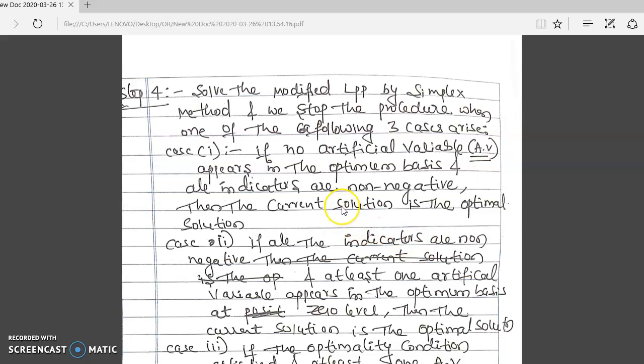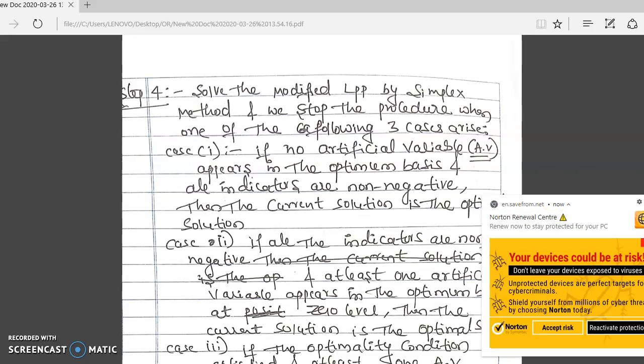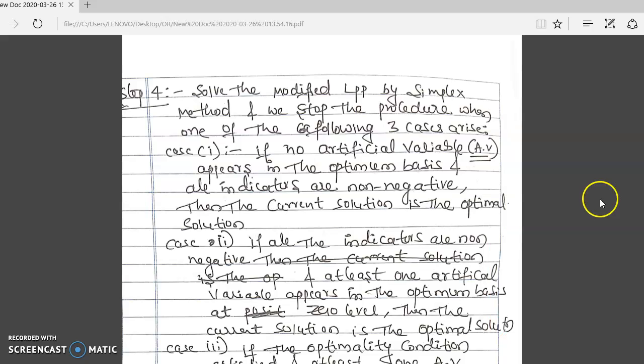So we need to stop the iteration only when one of the following three cases appears. The first is if no artificial variable appears in the optimum basis and all indicators are non-negative. Then the current solution is the optimum solution. It means that we keep on solving the example until all the indicators are positive.